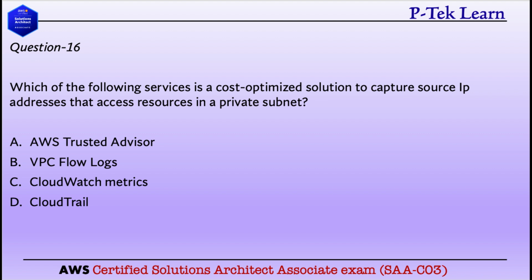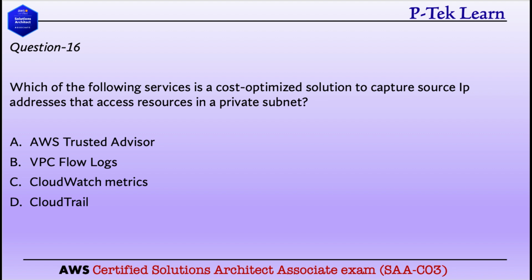I don't think this is the right option because it's a kind of advisor that helps us to observe the best practices for using AWS by inspecting the AWS environment to save money, improve system performance and reliability. So this is not something that can capture the logs or the incoming and outgoing traffic to the resources in a private subnet.